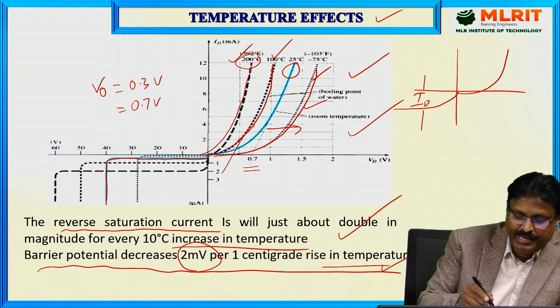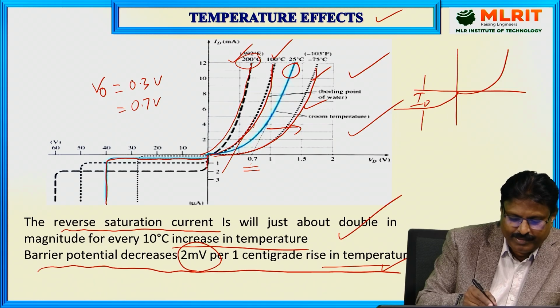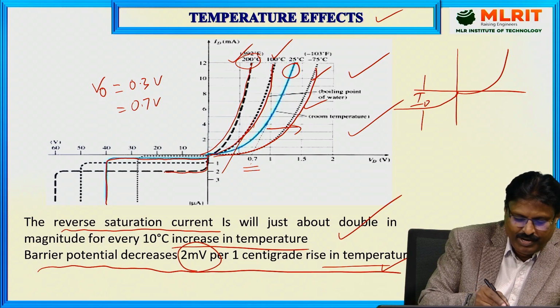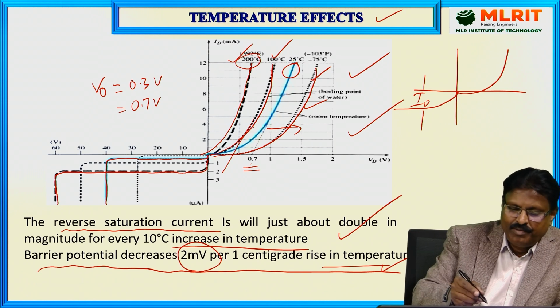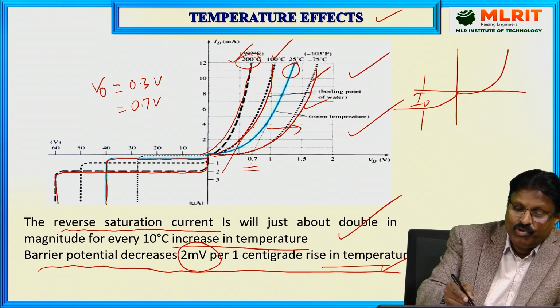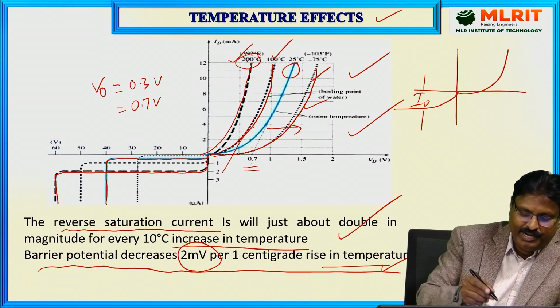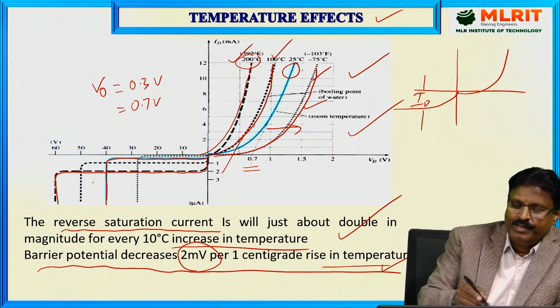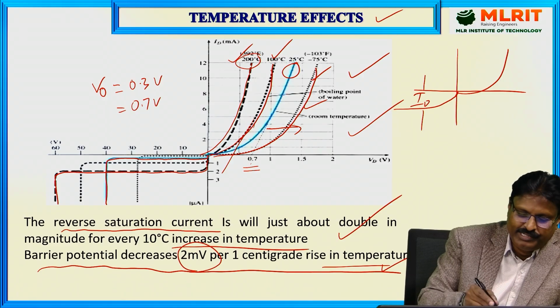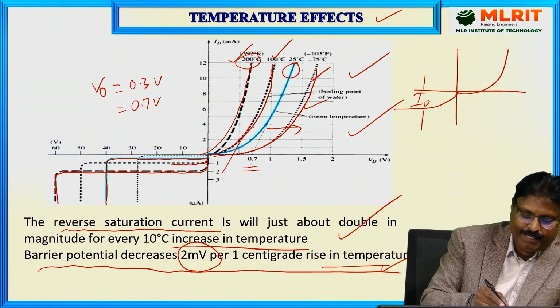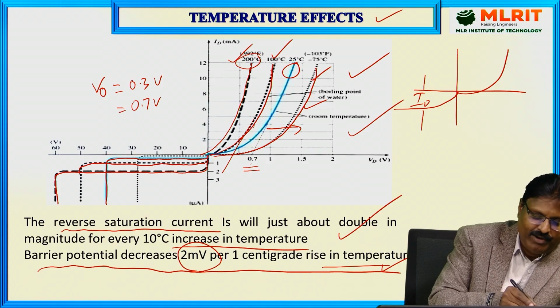So what is happening here? As you can see here, the I0 value is increased. That's why this is the curve. Whenever the temperature is increased from 25 degrees centigrade to 200 degrees centigrade, this is the status. From 25 degrees centigrade, whenever the temperature is increased to 100 degrees centigrade, as you can see here, the I0 will be doubled.